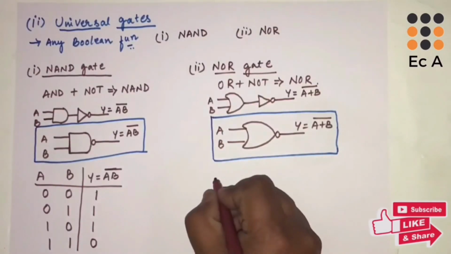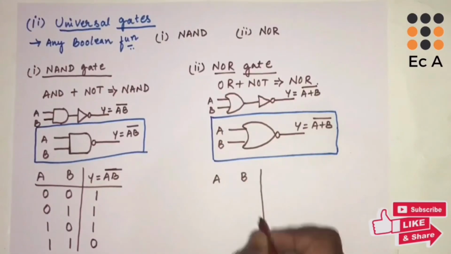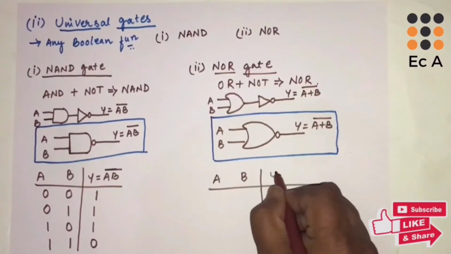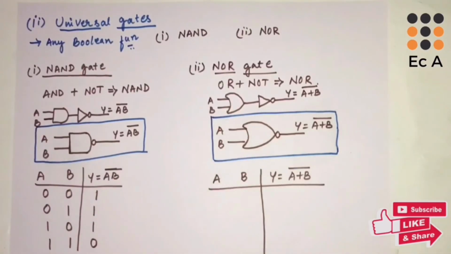Now let us write the truth table by taking two inputs A, B, and output Y is equal to A plus B whole bar.